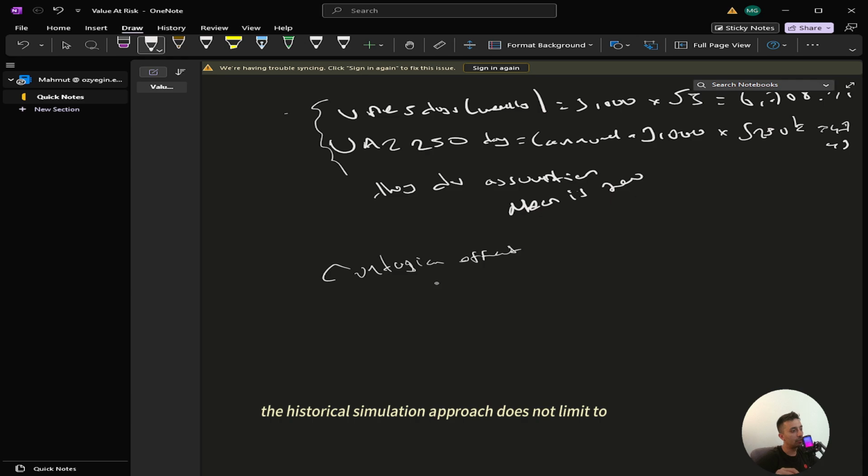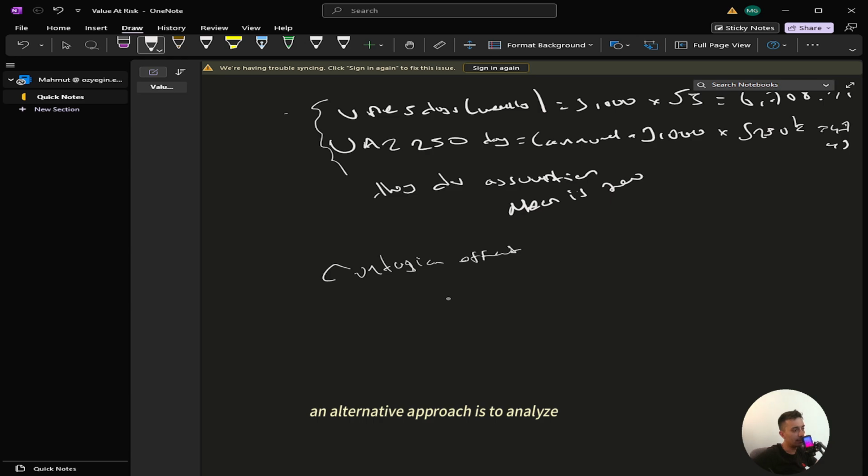And the historical simulation approach does not limit the analysis to specific events, right? They are based only on past data, but we never expect any limit on analysis to specific events for the historical simulation approach, guys.